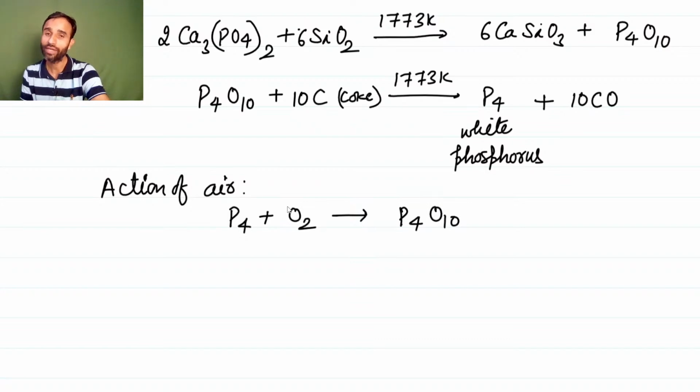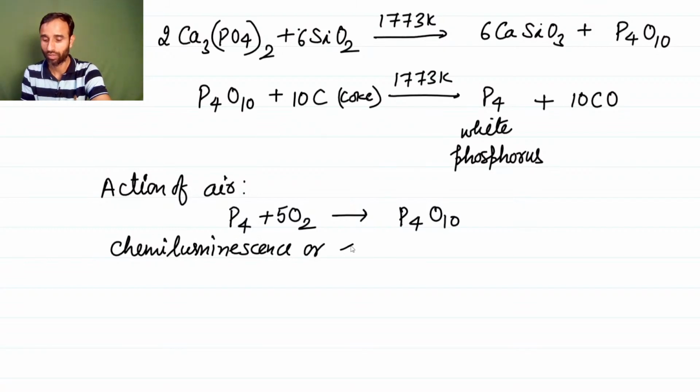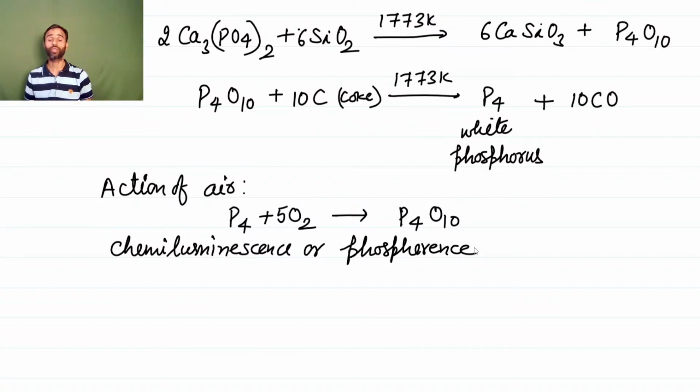It catches fire spontaneously to get P4O10, and there is a glow, and that glow, that is called chemiluminescence or phosphorescence.